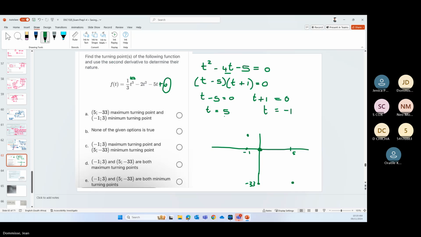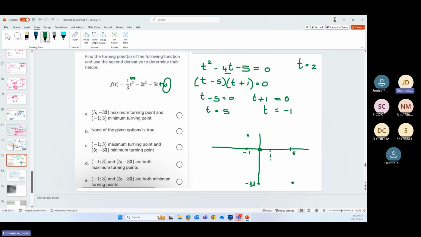What I previously said is that it should be the average of those two. If I look at that, 5 plus minus 1 is 4, 4 divided by 2, so my second derivative should be equal to 2 if that is what we're talking about.